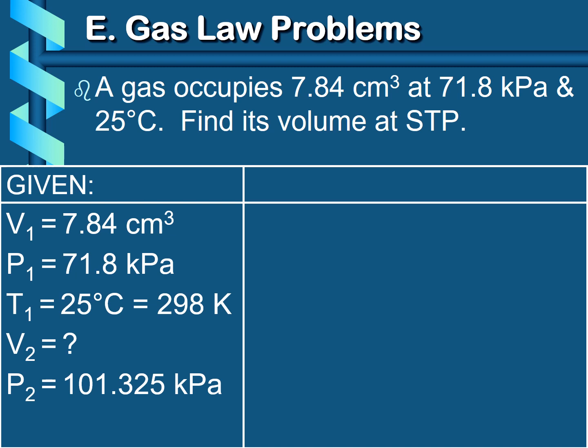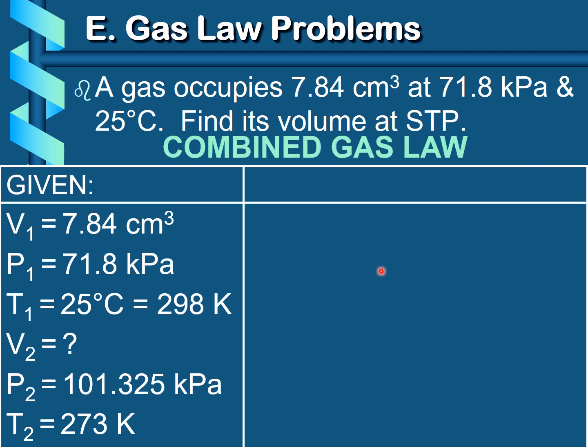V2 is unknown, and since it is stated that the final condition of the gas is at standard temperature and pressure, we said a while back that pressure at STP would be 101.325 kilopascal and a temperature of 273 Kelvin.